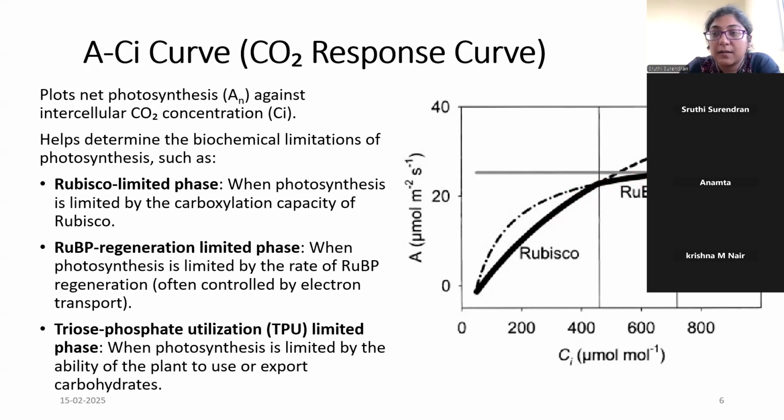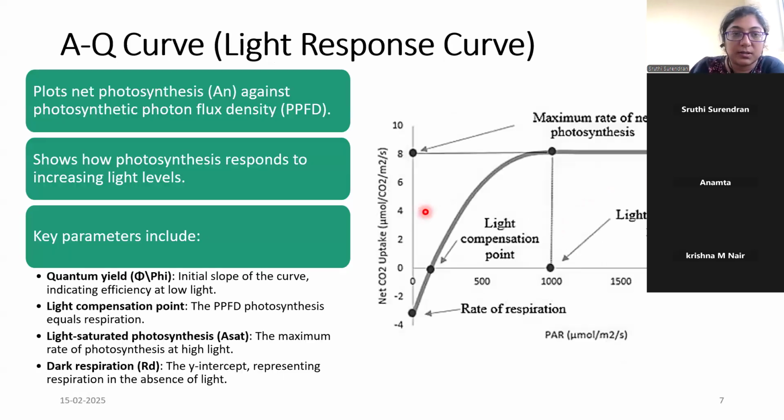And the final phase gives us an idea about the TPU limitation, or how triose phosphate utilization will impact the rate of photosynthesis. And then the AQ curve is similar to the ACI curve.